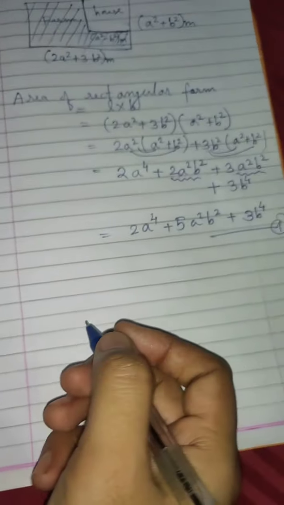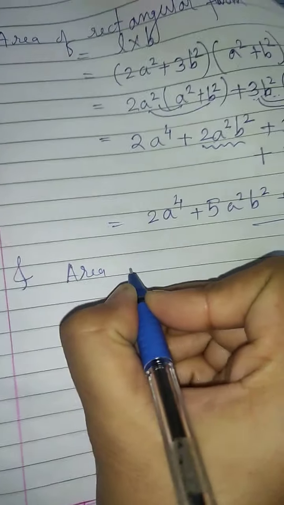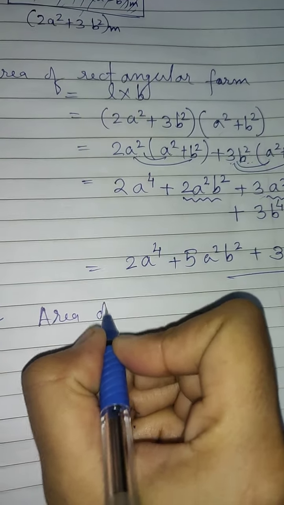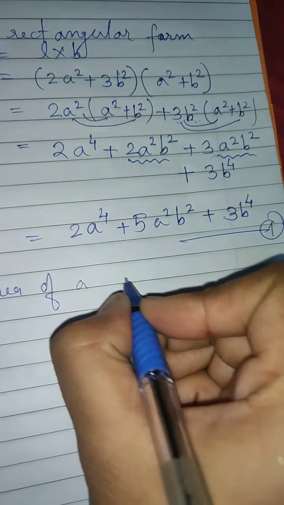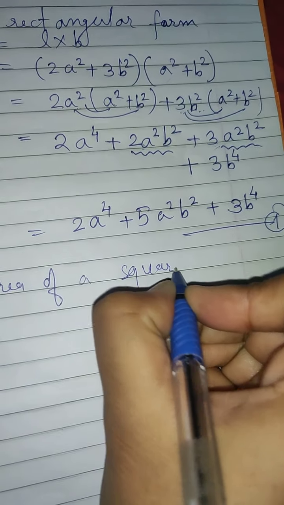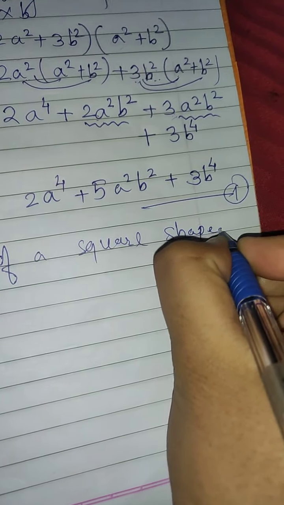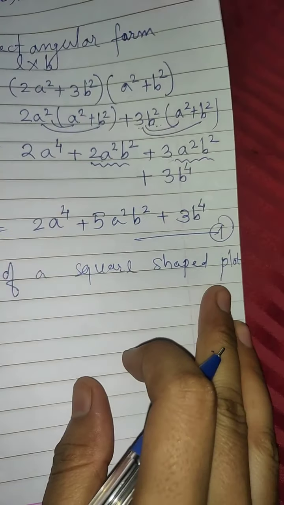So here we will write: area of square shape plot. Okay, so area of square shape plot is equal to what?